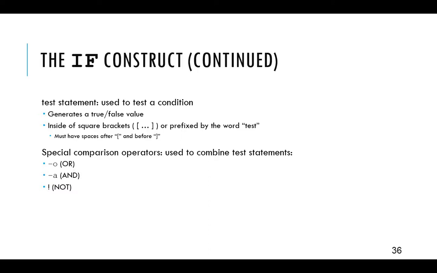And the test statement that you're using to do a test condition has to be inside of square brackets, and the quotes have to be before and after those brackets to do your test.